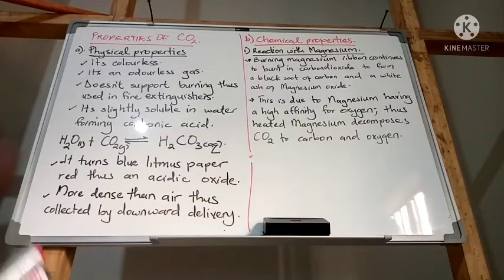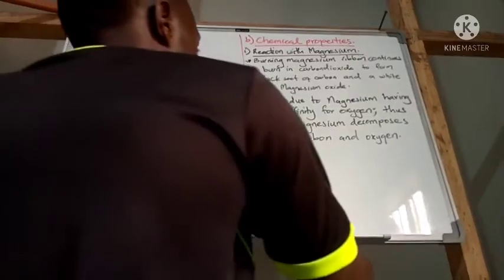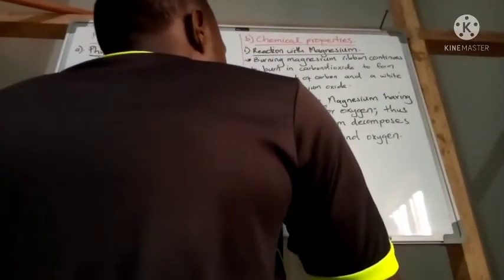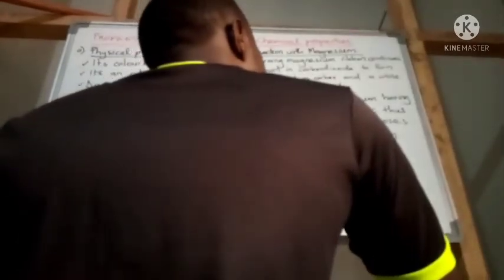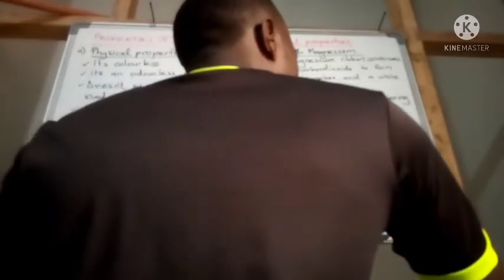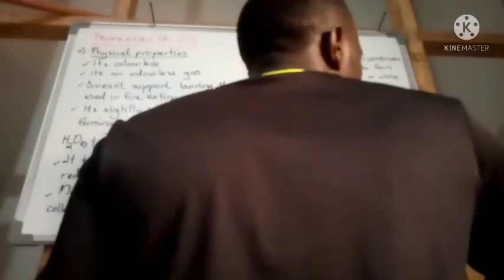When it comes to the equation representing this reaction, our magnesium, which is a solid, will burn in carbon dioxide, which is a gas, to form magnesium oxide, which is a solid, and carbon.